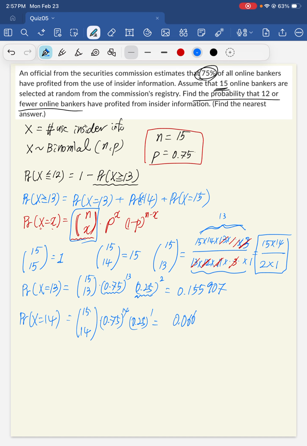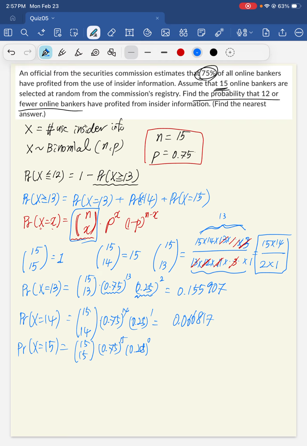Okay. Finally, the probability X equals 15 is 15 choose 15 times success happens all the times and failure does not happen. That is 0.0133363.